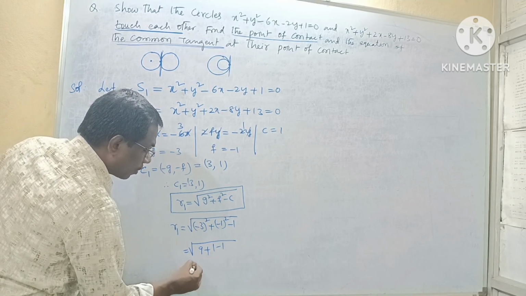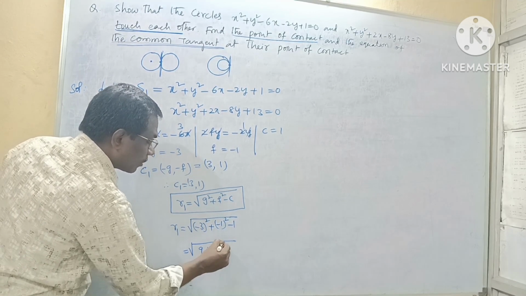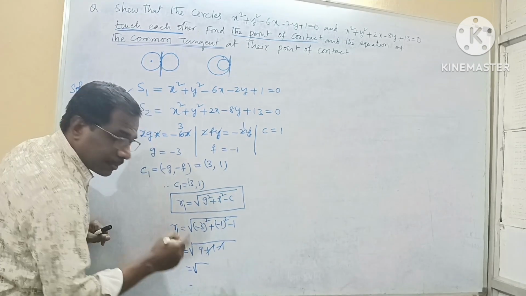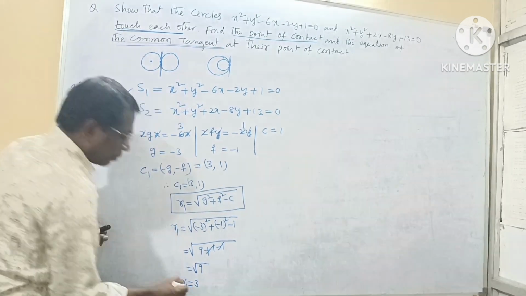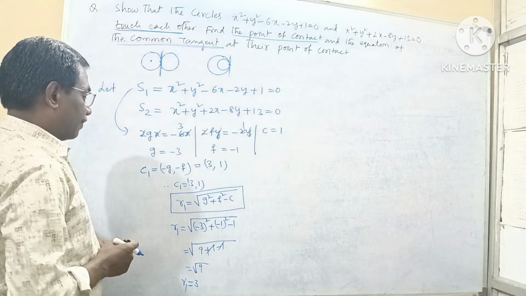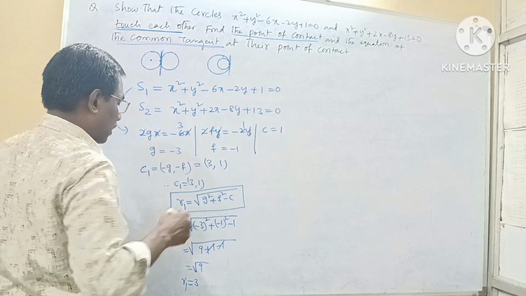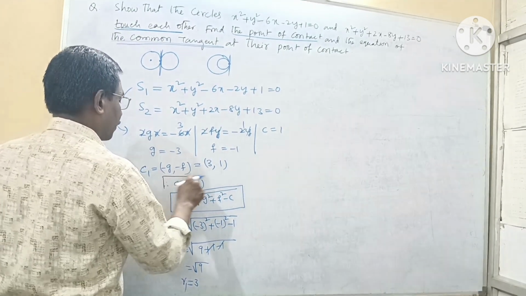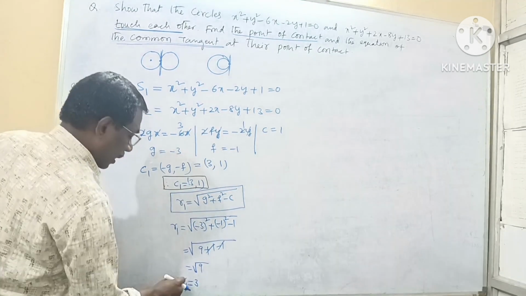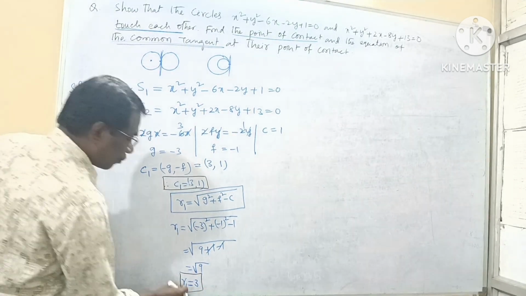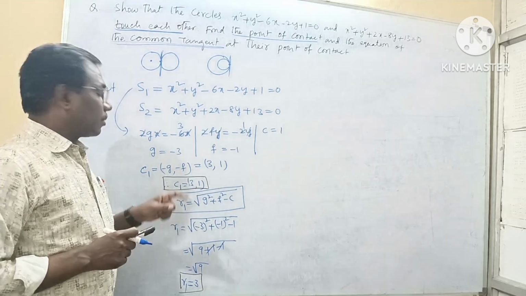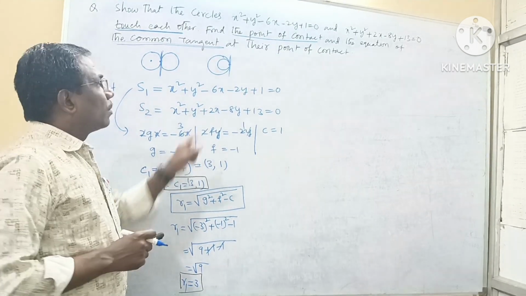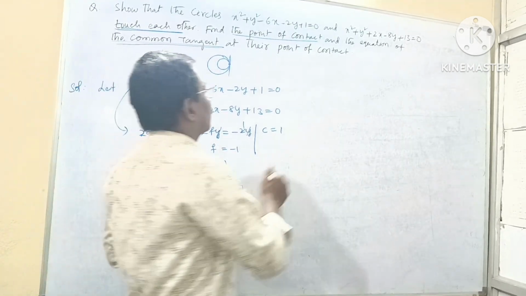That is the square root of 9 plus 1 minus 1, the 1 and minus 1 cancel, root 9 is equal to 3. R1 is equal to 3. Here C1 is 3 comma 1 and R1 is 3. In the same way we have to find C2 and R2 for the second circle.